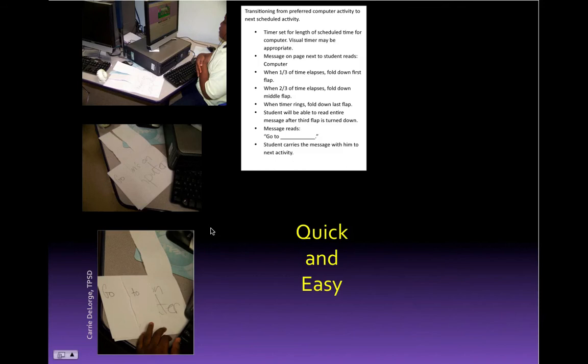It's kind of like the Go, Almost Done, Stop board, in that it's just 3 steps that prepare for the transition. Then, as the person is more into their activity, but it's time to think about quitting, you go and fold down the next segment of paper, and you can see here there's words on here that say go to, and then whatever the next activity is.